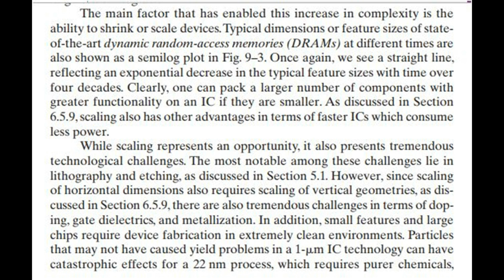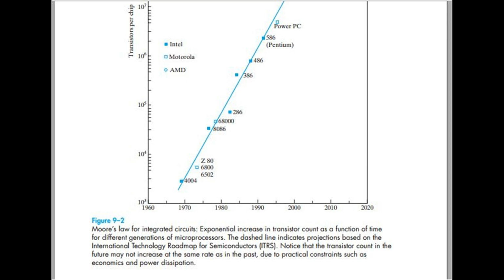In addition, small features and large chips require device fabrication in extremely clean environments. Particles that may not have caused yield problems in a 1 micrometer integrated circuit technology can have catastrophic effects for a 22 nanometers process, which requires purer chemicals, cleaner equipment, and more stringent clean rooms.